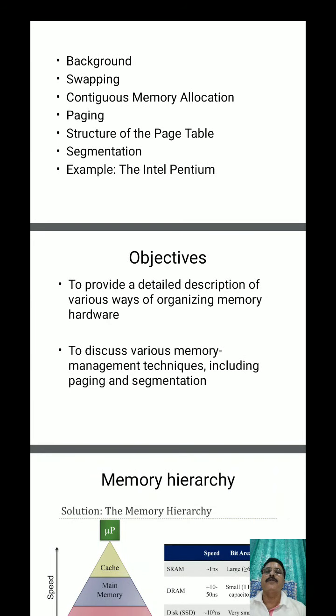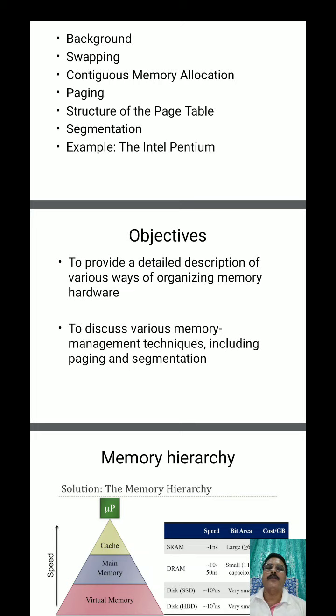Paging is one of the memory management techniques which allows the user to partition the memory into fixed size blocks. Page tables are the memory resident tables which are used in the paging mechanism. Segmentation is another memory management scheme which allows the user to divide the memory into different blocks, and those blocks can be of different size.